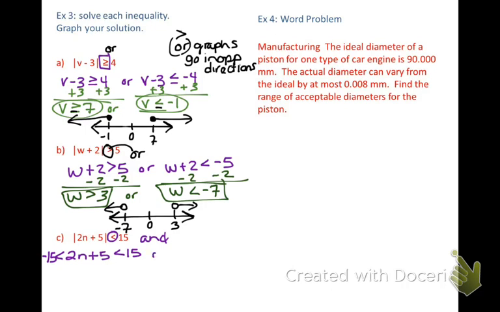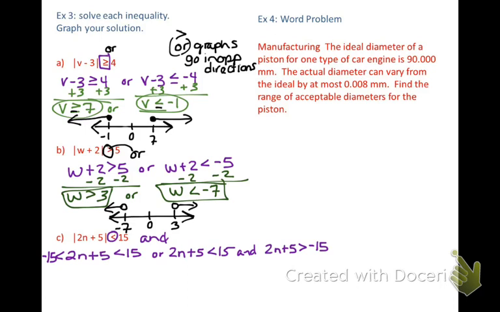Or, for those of you who have problems, you could do 2n plus 5 is less than 15, and 2n plus 5 is greater than -15. So you could do it either way.